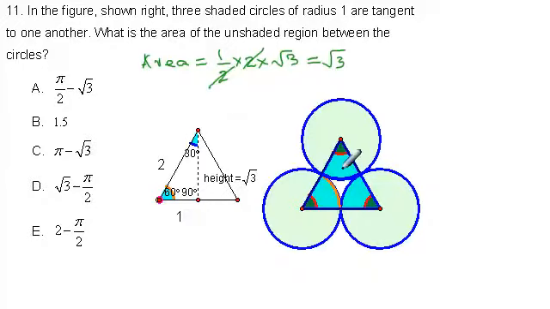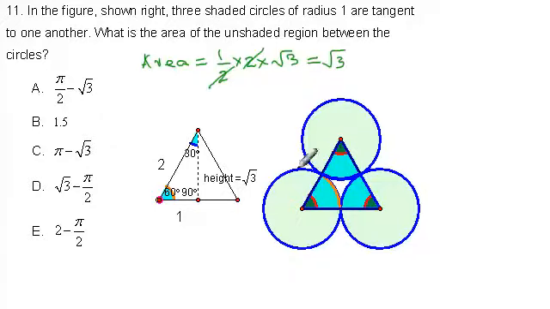So the next part is to find the area of these three sectors. Each sector has a center angle of 60 degrees. Either I have to find the area of each sector individually and then add them up to find the total area of these three sectors, or I should try another visual way.